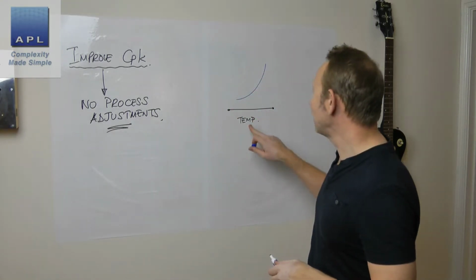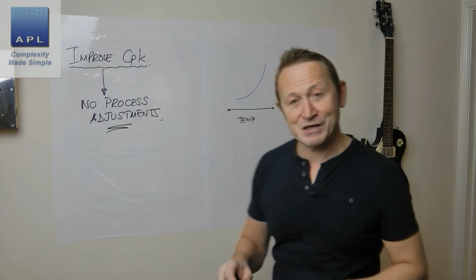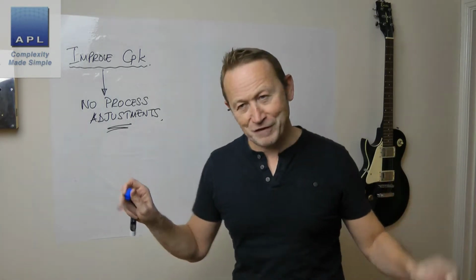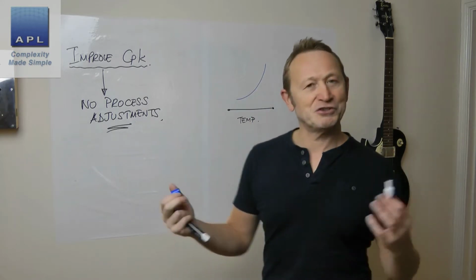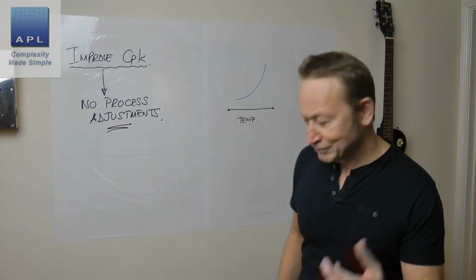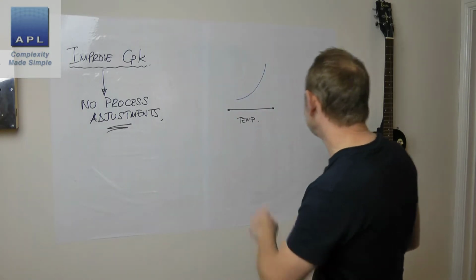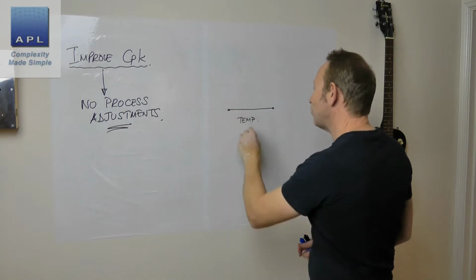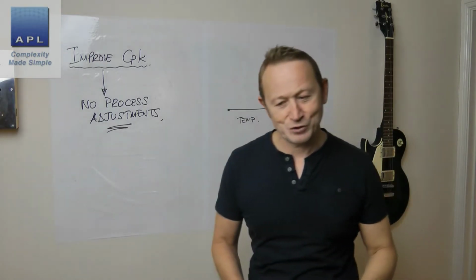Now, if all they were allowed to do was just adjust the temperature and then see what happened, and everything else was fixed, they'd be able to see something happening and they'd get a certain amount of process knowledge. But of course, they're not just going to adjust temperature.